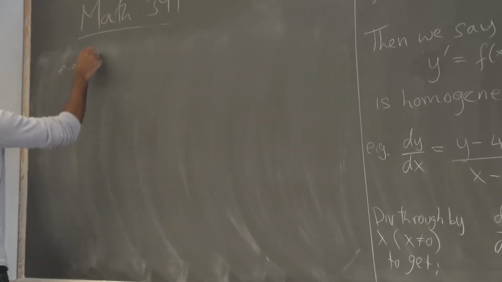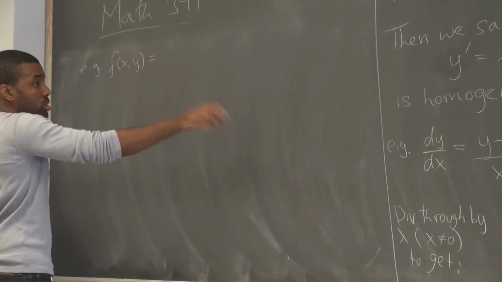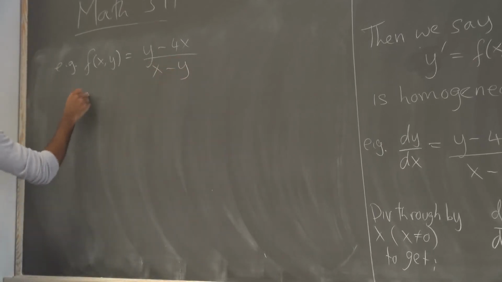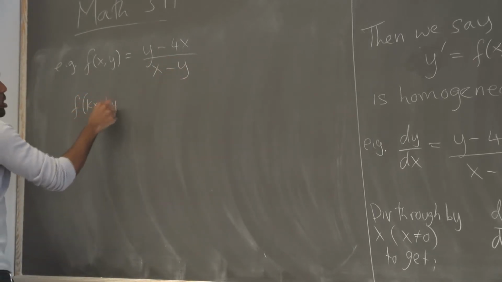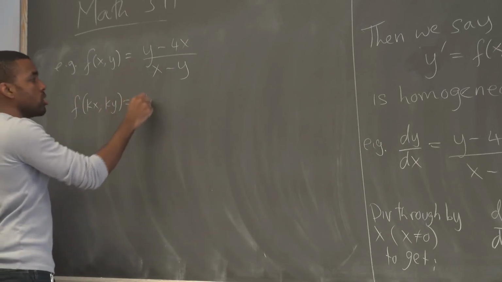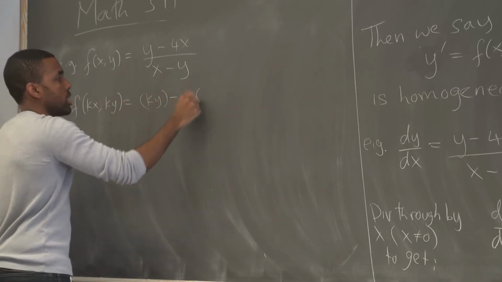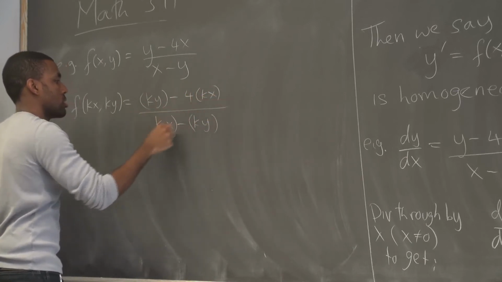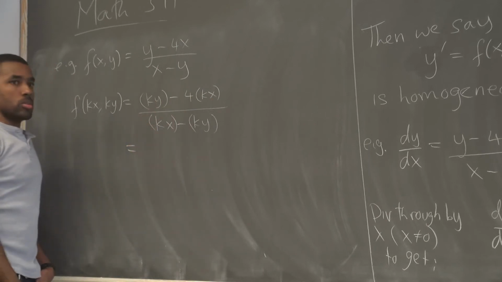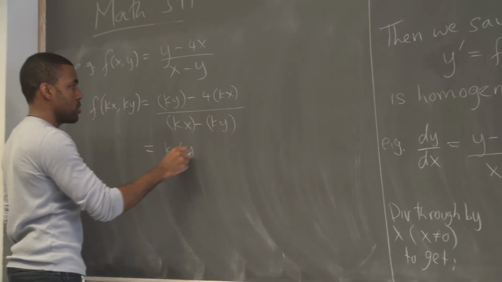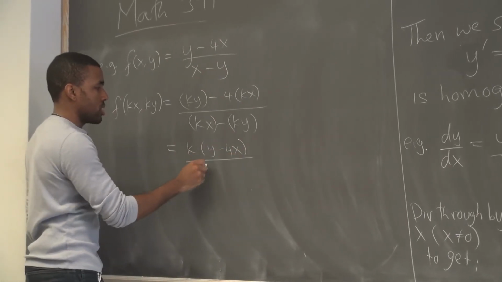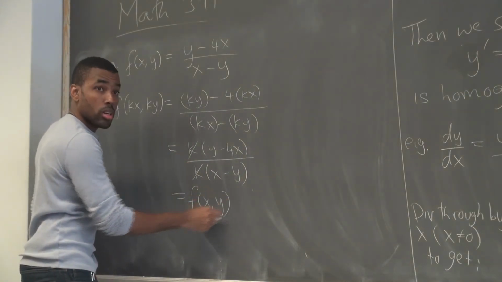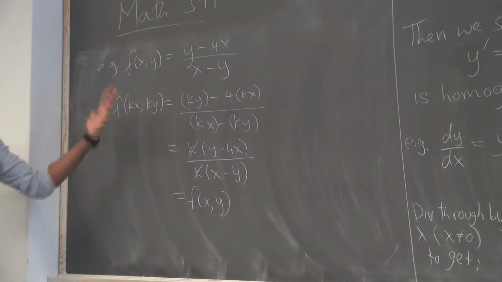And for example, if I let f of xy be this function, then if I take f of kx, ky, what would that be? I would change all y's to ky's, all x's to kx's. You'd be able to factor out a k from the top and also from the bottom. The k's would cancel, and you'd get the original function back. Turns out this is homogeneous.